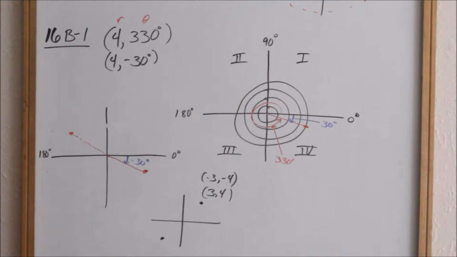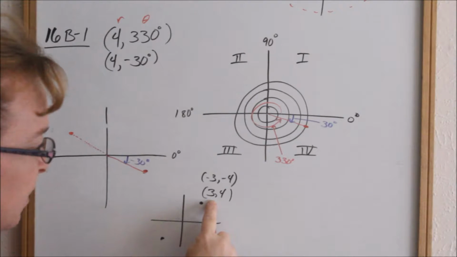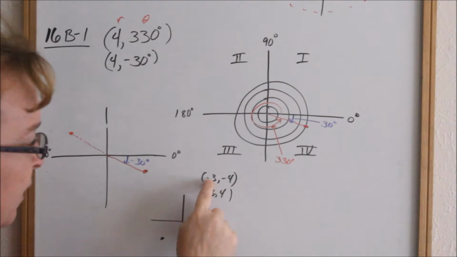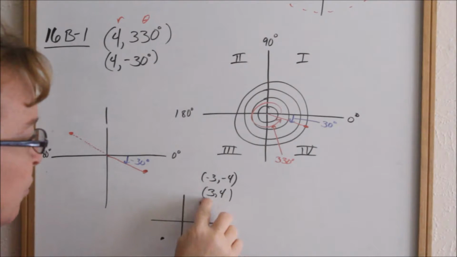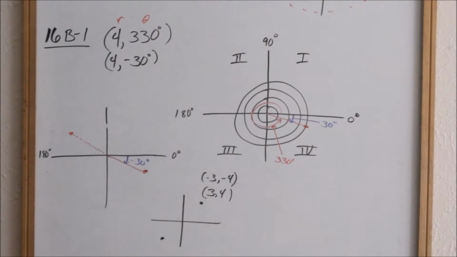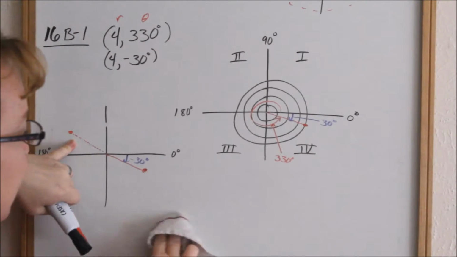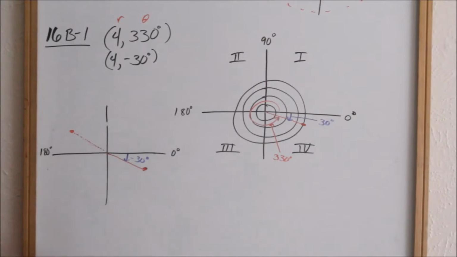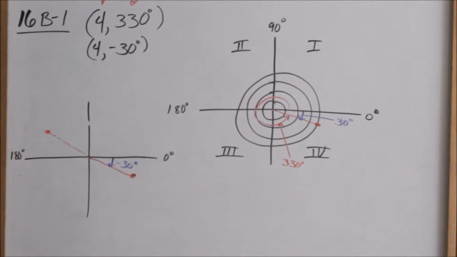Okay, so positives in our x and y coordinates were to the right and up, negatives were to the left and down, which these are just opposite directions of what we went there. Okay, now we're also going to be dealing with negatives in polar coordinates, and negative just means the opposite direction because that's what it means in rectangular coordinates.